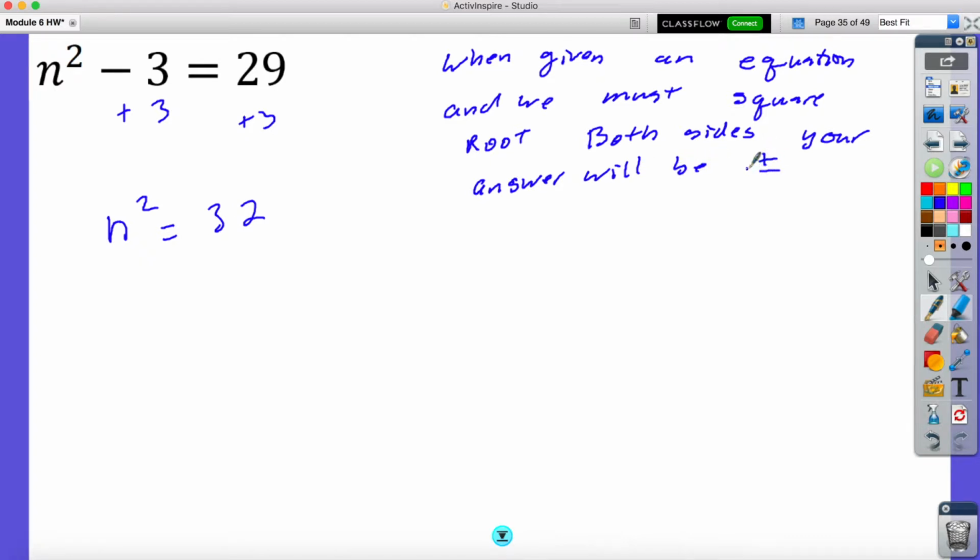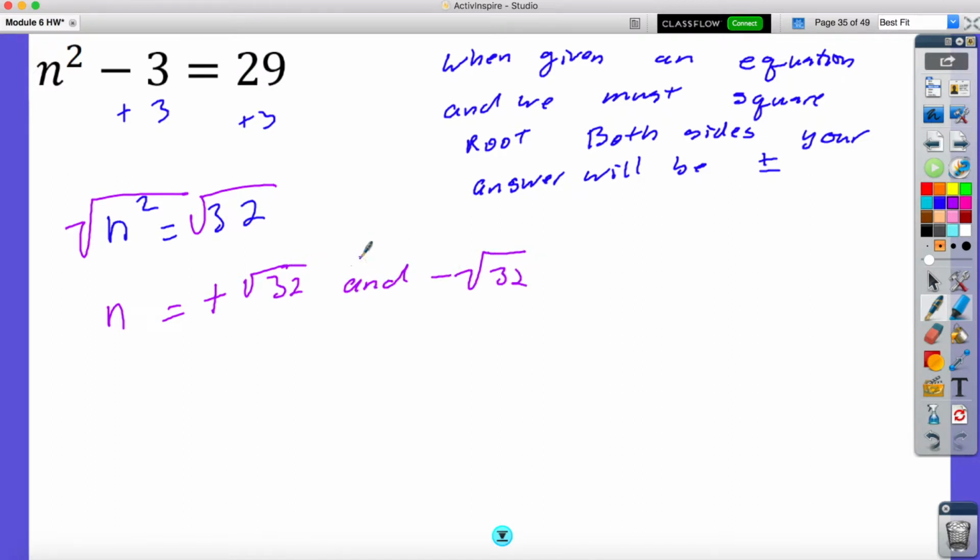All this means is that my answer would be positive and negative. Let me show you an easier example to hopefully make that connection. If I'm solving with an equal sign and I need to square root both sides, I will get n, but my answer would be positive radical 32 and negative radical 32.